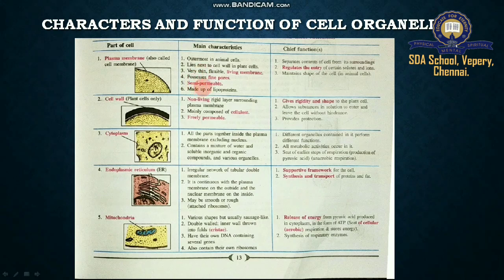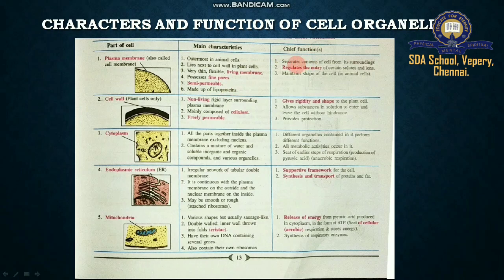It is commonly called semi-permeable or differentially permeable. Semi means half. Then it is made up of lipoprotein. What is lipoprotein? Lipid and protein, in a sandwich layer, like bread and jam. There is an outer lipid layer, then a protein layer, then again a lipid layer. That is why it is made up of lipoprotein.